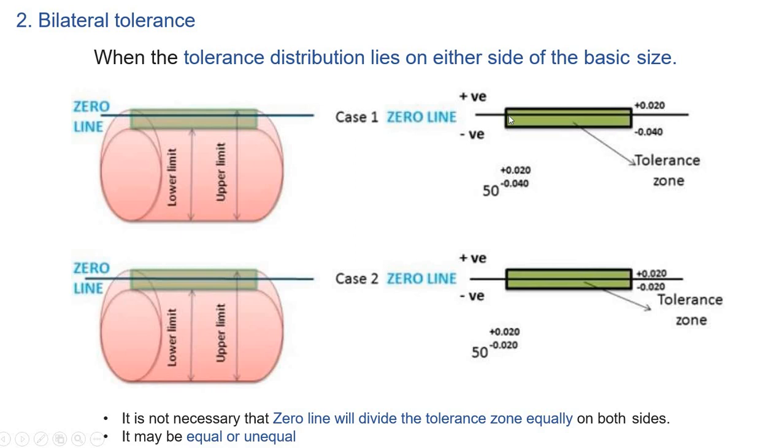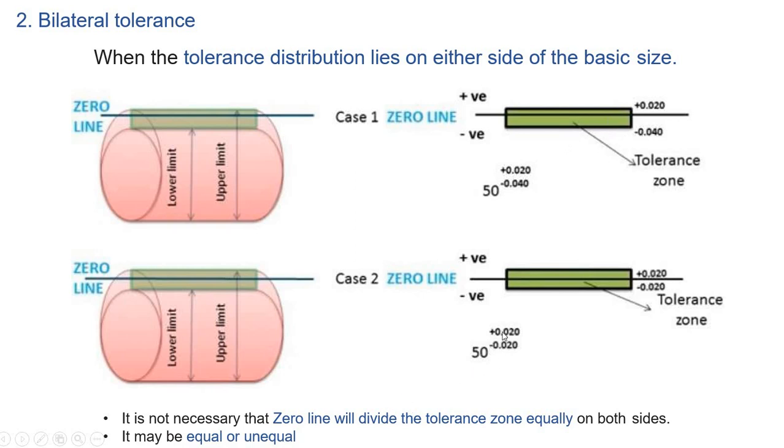Our tolerance zone lies on either side of this zero line. For this example, we take 50 minus 0.04 and plus 0.02. So it will have a maximum size of 50.02 and a minimum size of 49.96 mm. Our tolerance zone lies on either side, so this is an example of bilateral tolerance.